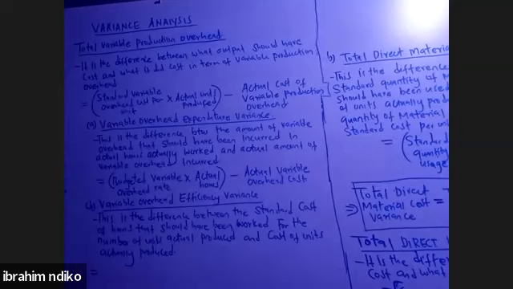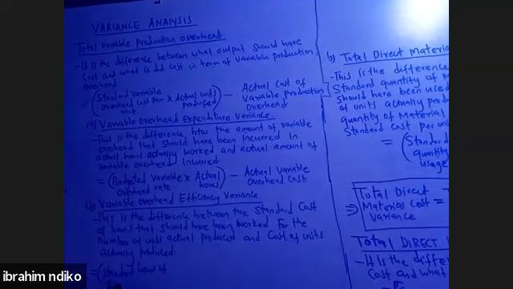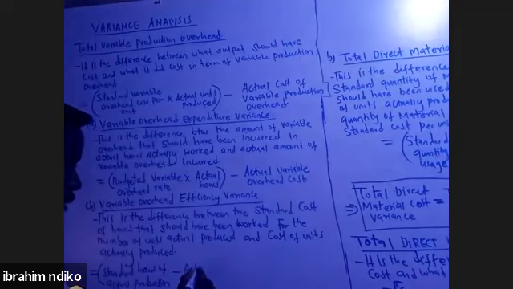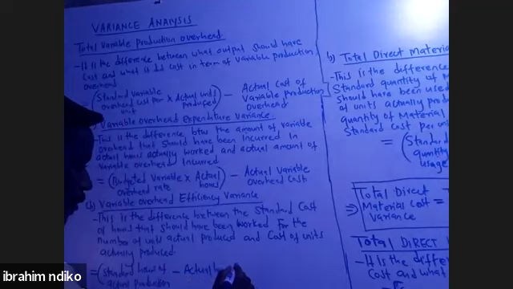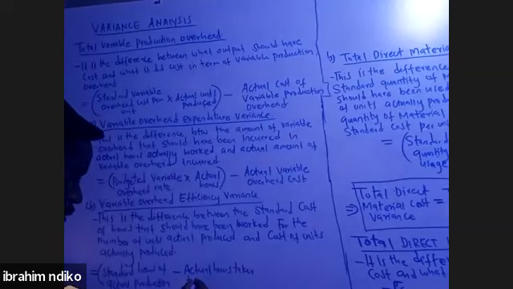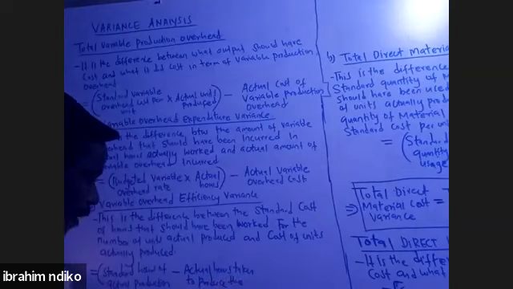How does the formula go? Standard hours of actual production minus actual hours taken to produce the output.